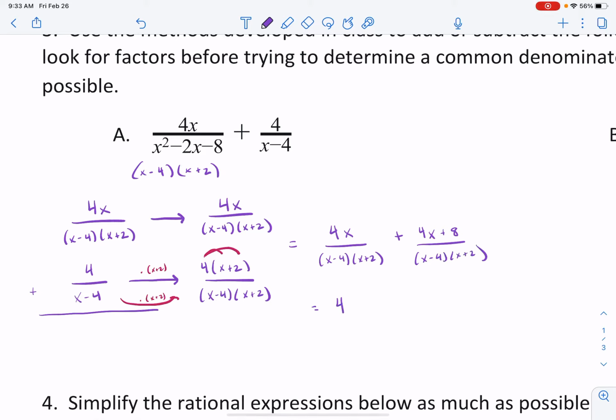I can now combine the denominators here. And we can combine the like terms. 4x plus 4x is 8x. So we have 8x plus 8 over x minus 4, x plus 2.